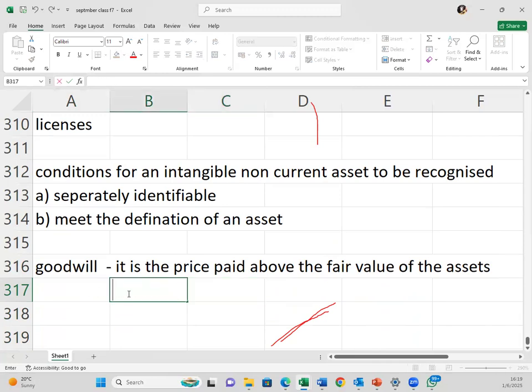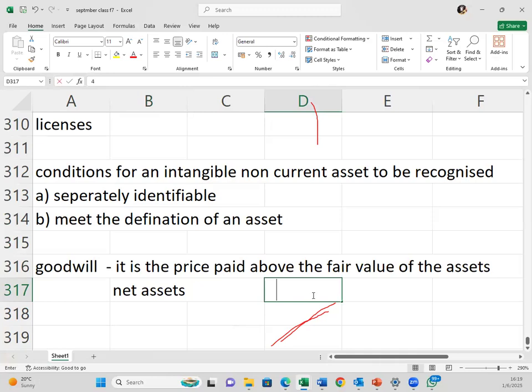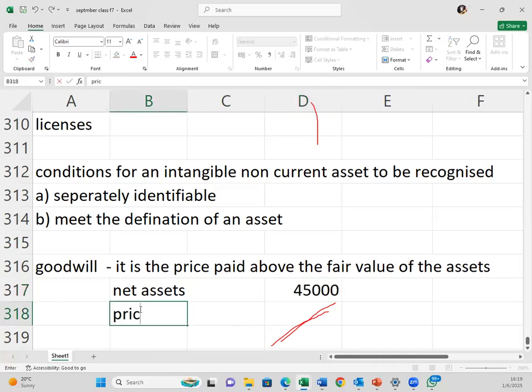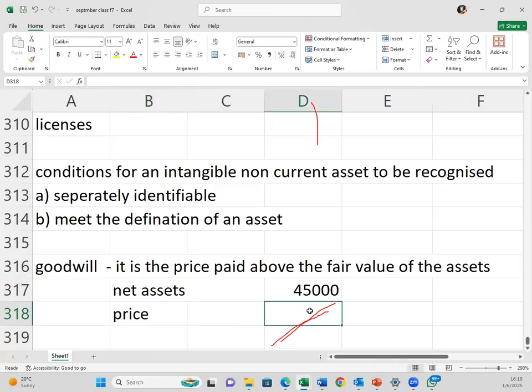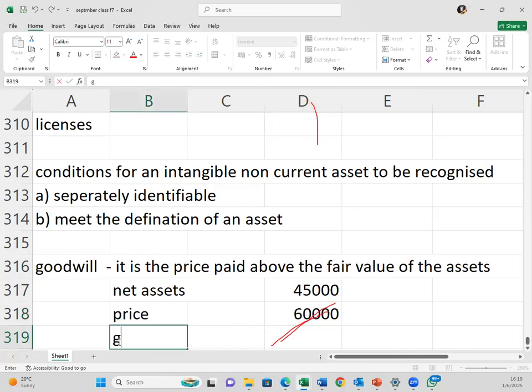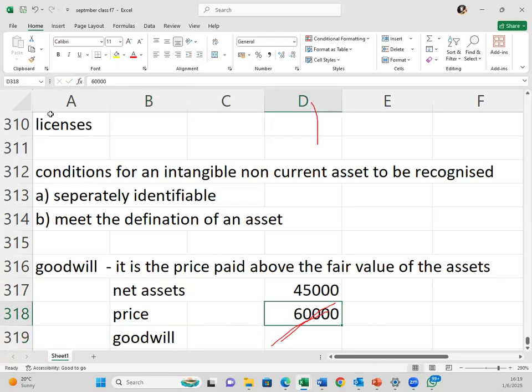That price above the net assets, the price which we have paid above the net assets, is the goodwill. So the purchase consideration is 60,000. Remember, in consolidation, it means we have a goodwill of 15,000.